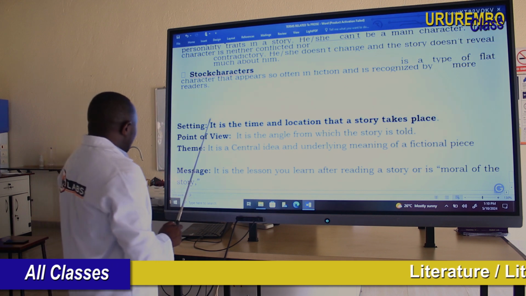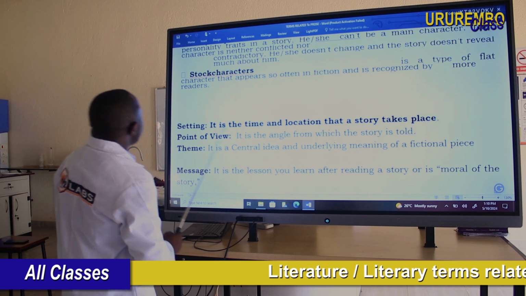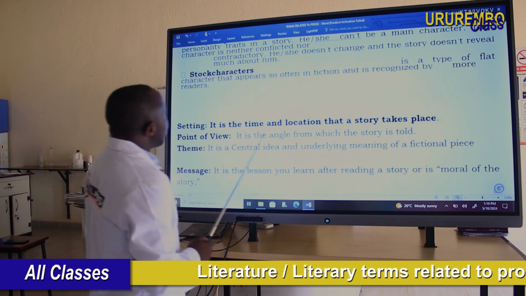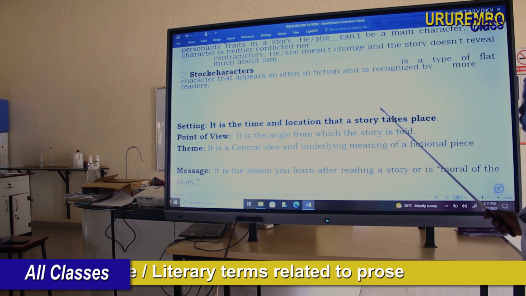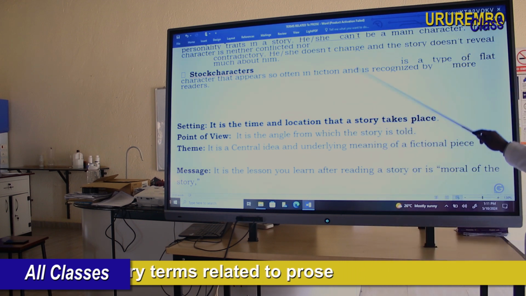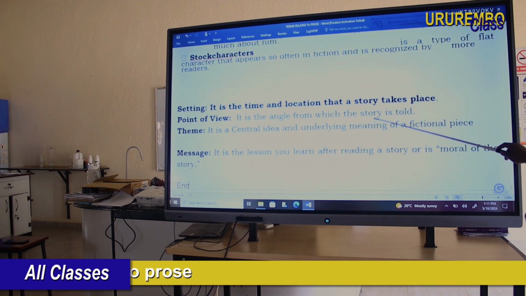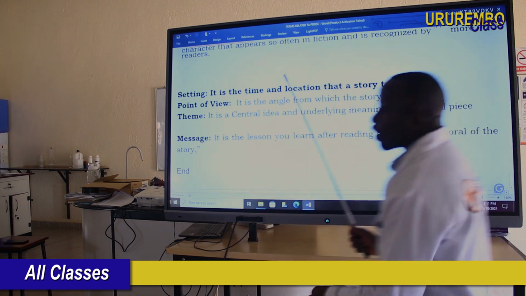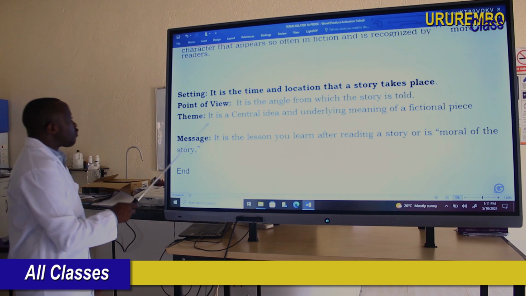These characters appear so often in fiction and are recognized by many readers. You cannot forget them because of what they do in a play or in a novel.